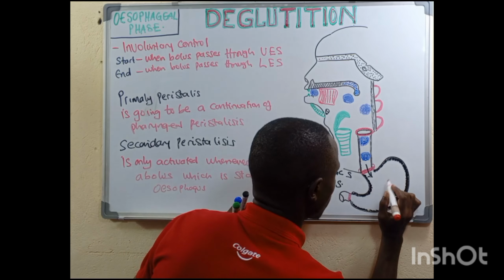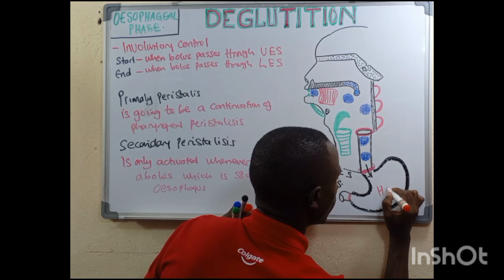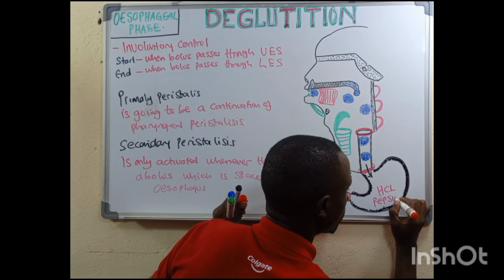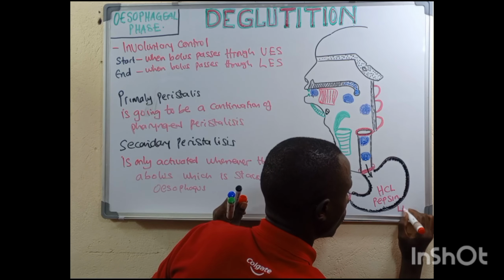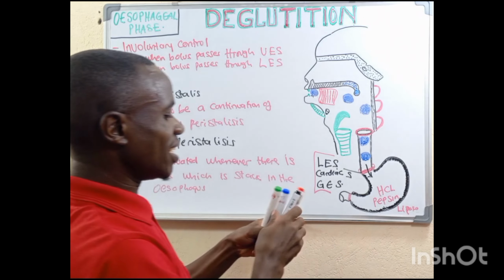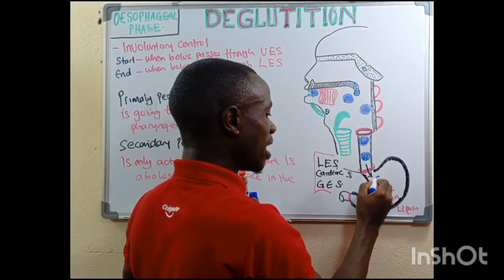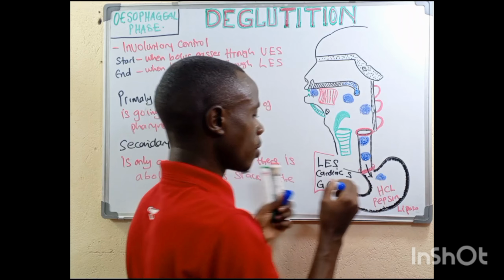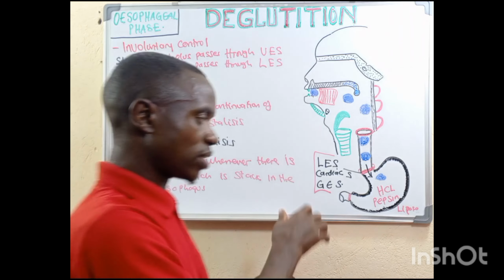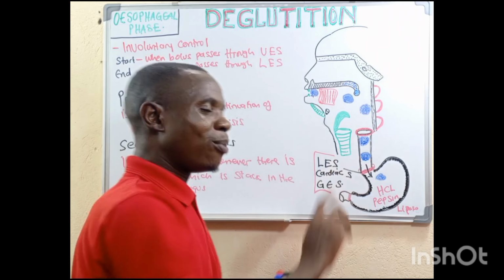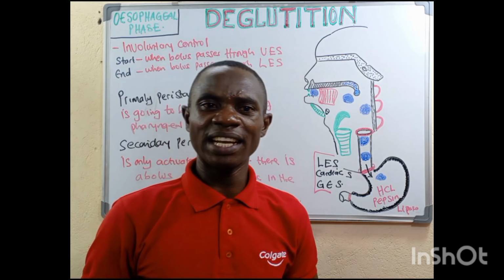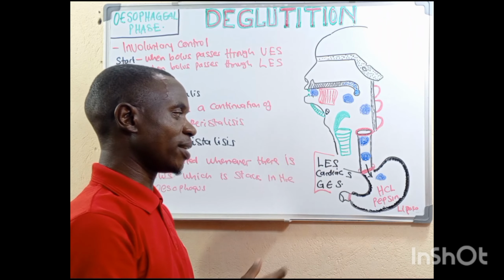So now we have subjected our bolus to the hydrochloric acid, and also the pepsin, and also the lipase. Okay, so now we are sending this bolus to go and suffer with these contents of the gastric juice. Okay, so now our bolus is in the stomach, and it is able to be chemically digested, and also some little mechanical digestion.